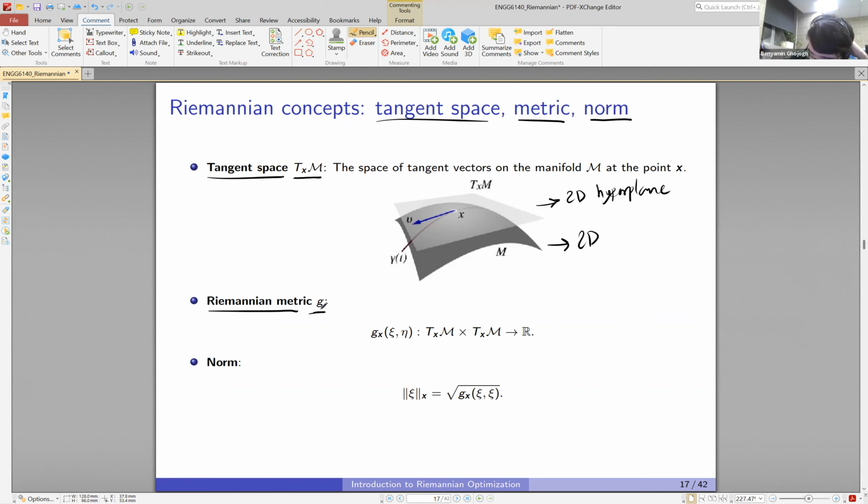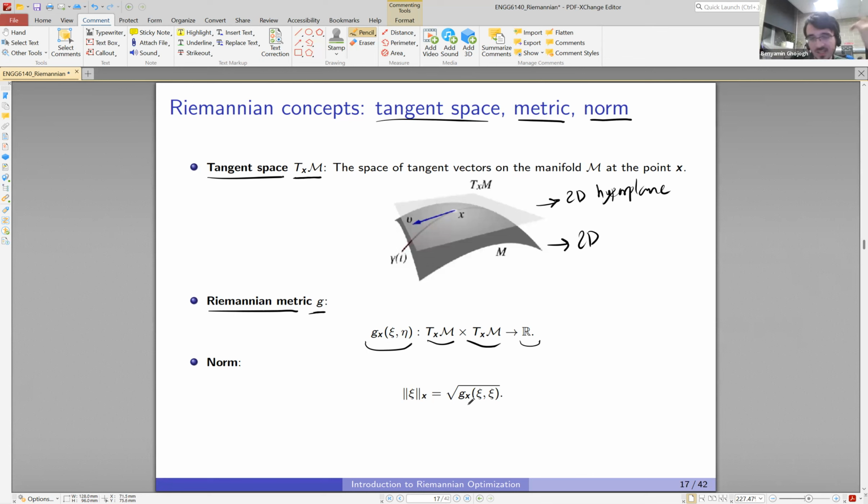Riemannian metric g, so it's g_x(zeta, eta). It takes 2 vectors in the tangent space, 2 tangent vectors, and outputs a scalar. Zeta and eta here are 2 tangent vectors in the tangent space at point x. This is the metric, and the metric simply calculates the inner product of these 2 tangent vectors.